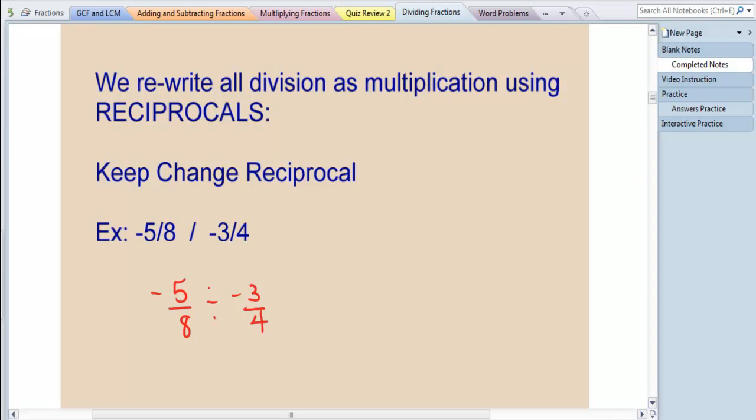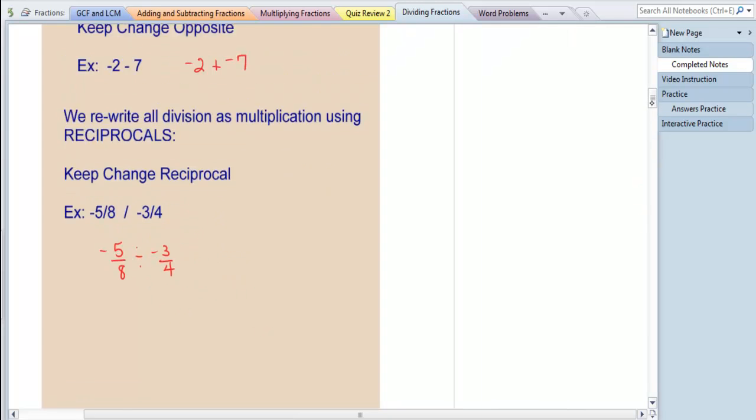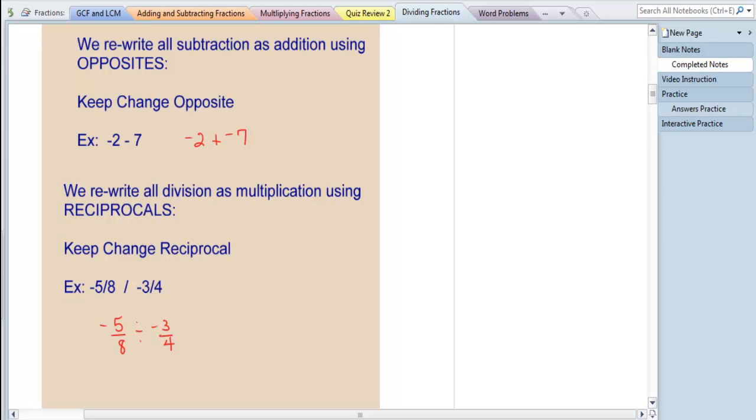So same idea as what we worked on with integers. With integers, it was keep, change, opposite, meaning that we would keep the first number, -2, and then change the minus to a plus and the +7 to a -7. Well, same idea here.